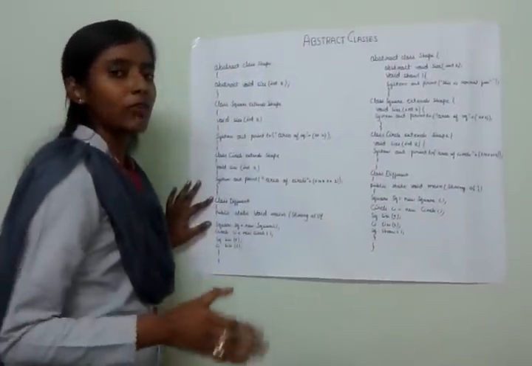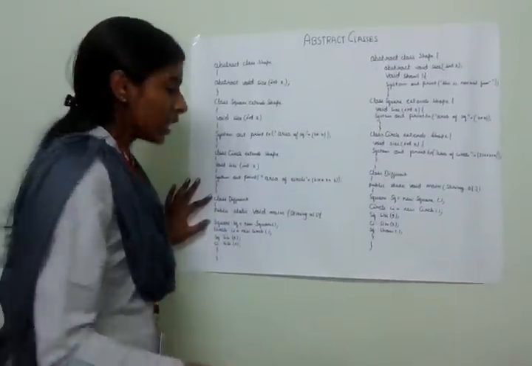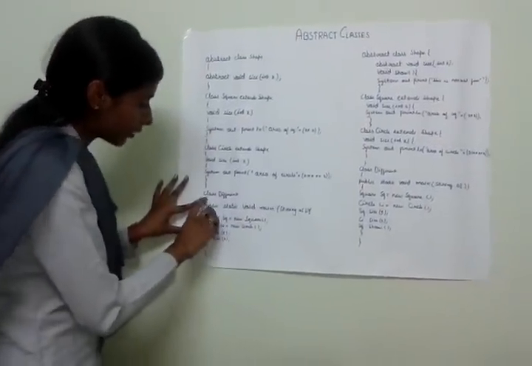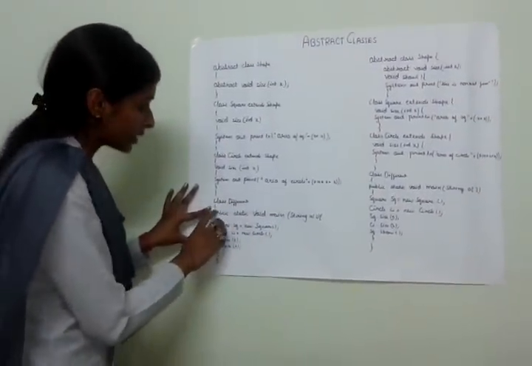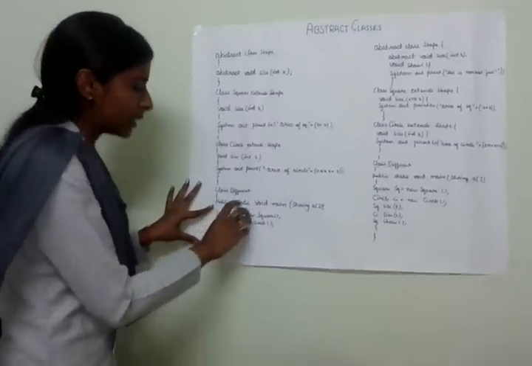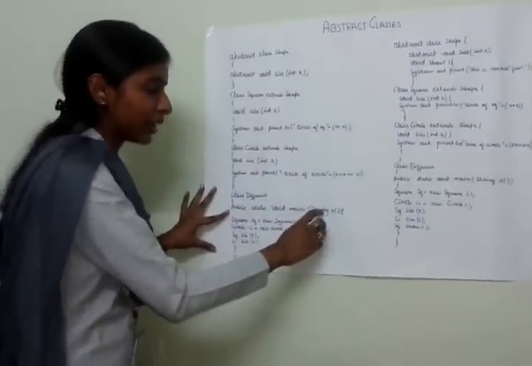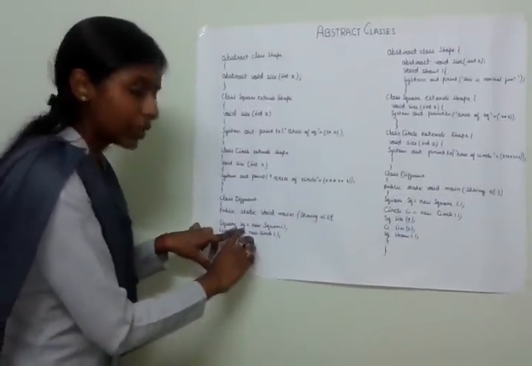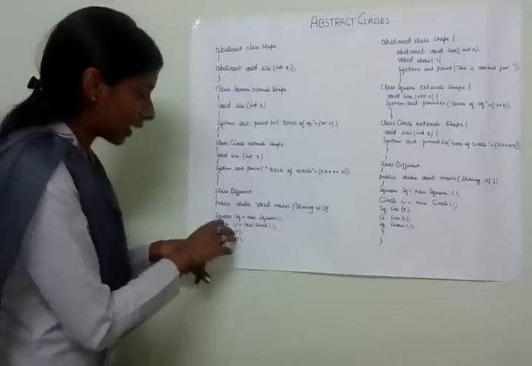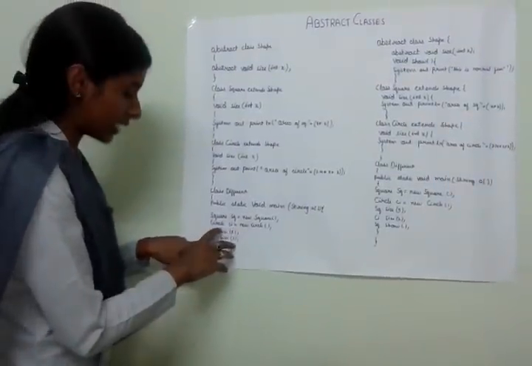Now as we all know, a function can always be called within a main. So here I have created a class different, and in this class different I have written public static void main string a, and here I have created a new object sq for class square and ci for class circle.